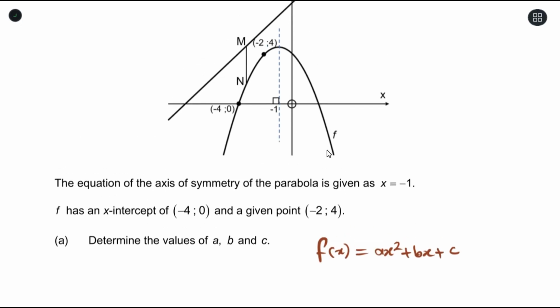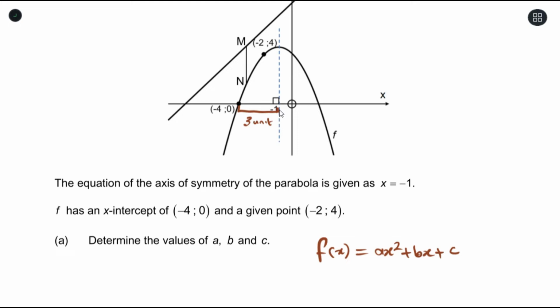Now, to help us get this, since we do not have the turning point, we try to figure out what the second x-intercept for your parabola is, so you can use that to help you calculate your answers. Since the axis of symmetry, which is the line that divides your parabola into two equal parts, is negative 1, it tells us that the distance from this x-intercept to this axis of symmetry is 3 units.